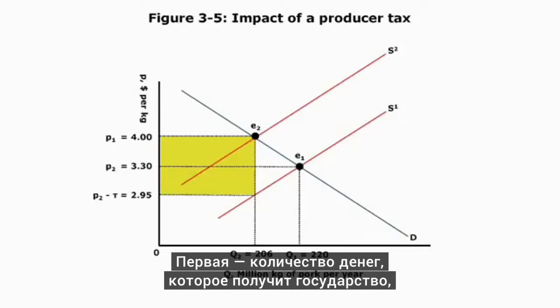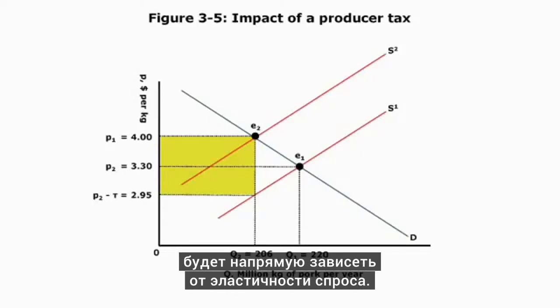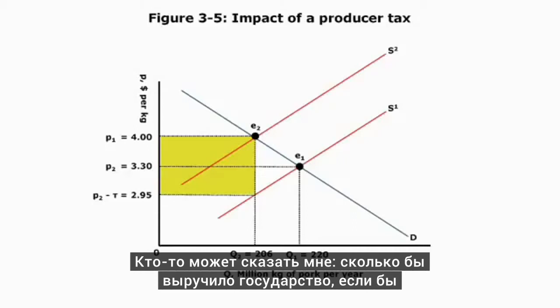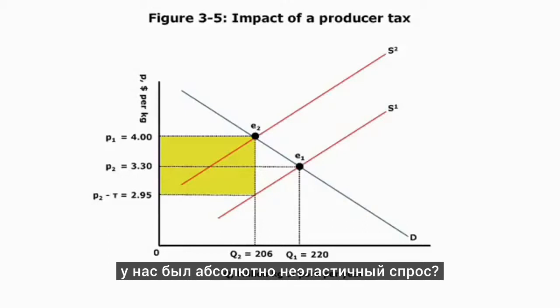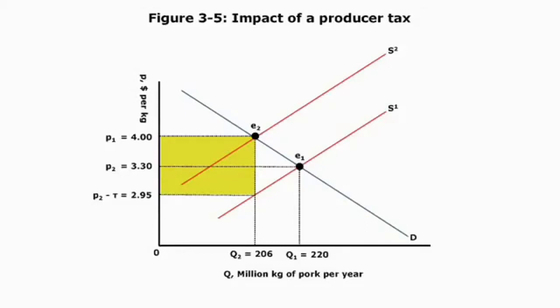First point to note, the amount of money the government raises will depend directly on the elasticity of demand. Can anyone tell me how much money the government would raise if you had a perfectly inelastic demand? Yeah.